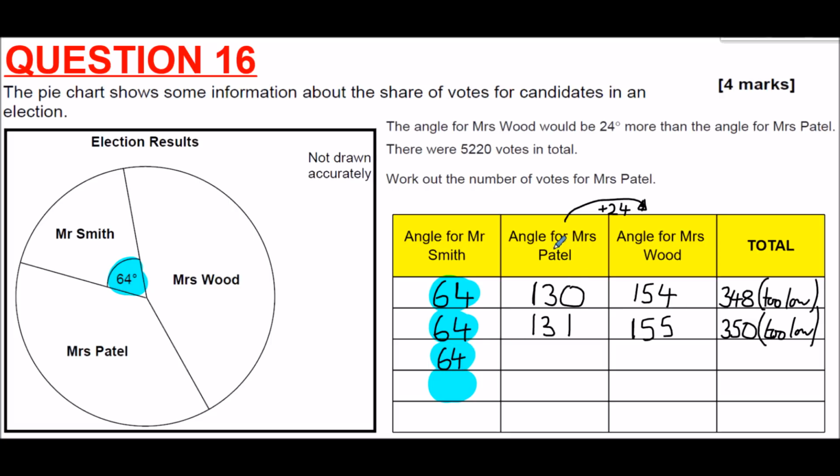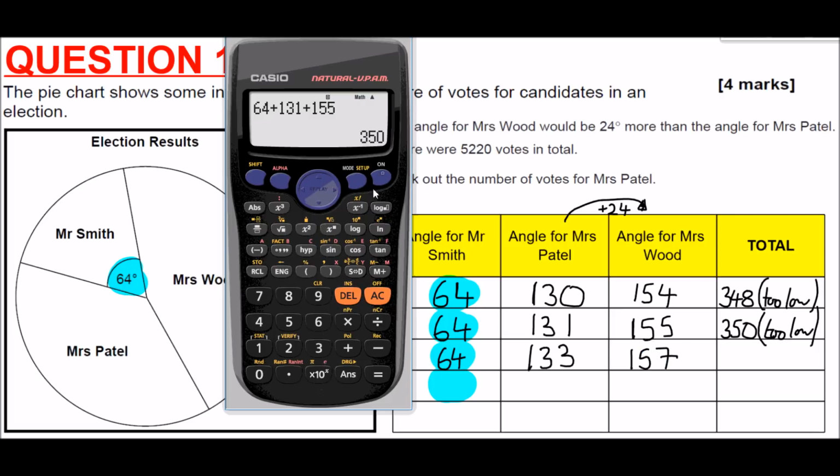So maybe make the angle for Mrs. Patel a little bit bigger. Maybe it's 133. Now if the angle for Mrs. Patel is 133, 24 degrees bigger than 133 would be 157. So let's try that. 354.